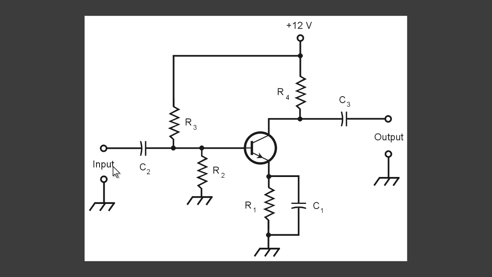But when we change the instantaneous value of the input current, then we get a change in the output current at the collector. The beta is the ratio of the change in the output current to the change in the input current, and hopefully that will be greater than 1. If we want an amplification circuit here, we want that beta to be greater than 1.